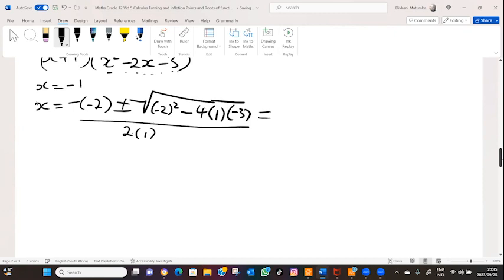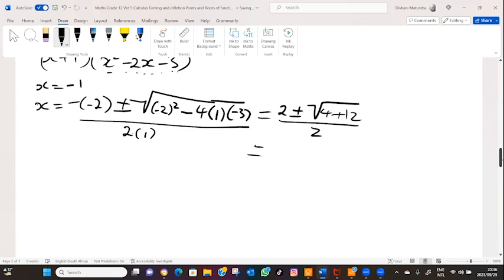This is equal to 2 plus or minus the square root of, let's see what we get now. Negative times negative will be positive. Now it will be 4 plus 12, because 4 times 3 is 12. Now 4 plus 12 is 16, all over 2.